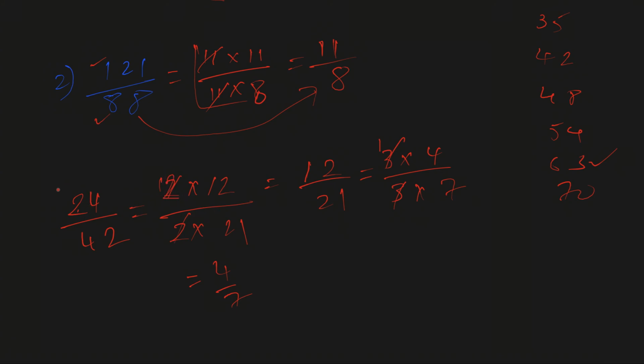Since 24 and 42 are even numbers, they should be present in 2's table. 2 times 12 is 24, 2 times 21 is 42. We get 12 over 21, and then you can reduce 12 over 21 further, and the final answer would be 4 over 7.